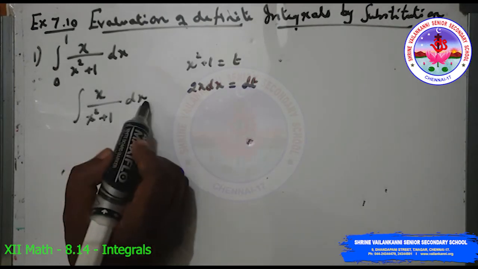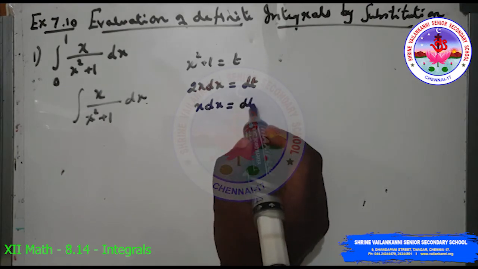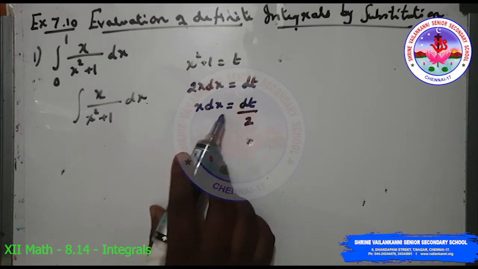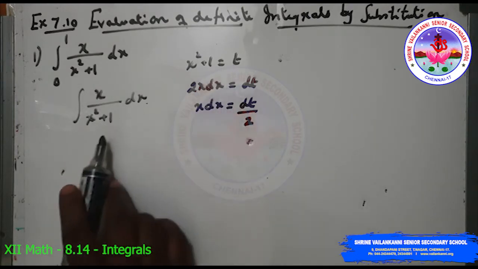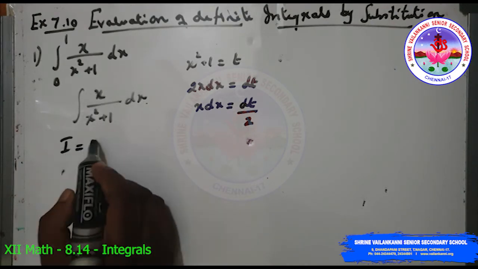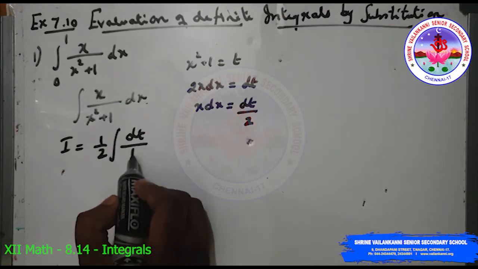So we have x dx in the numerator, so I am writing this as x dx, which is equal to dt by 2. So x dx is dt by 2 and x square plus 1 is t. So I am writing this integrand as I equal to half of integral of dt by t.